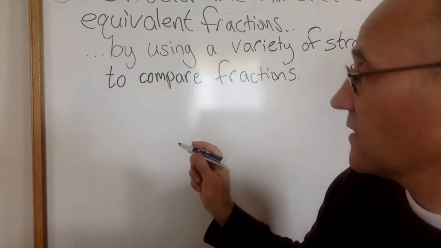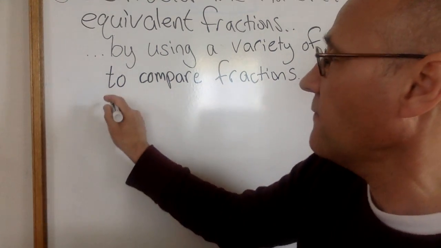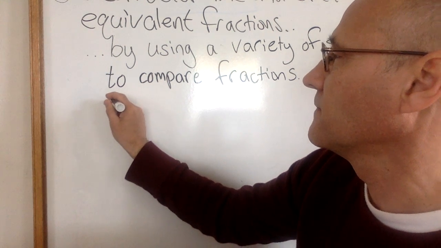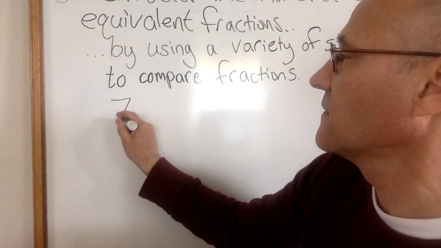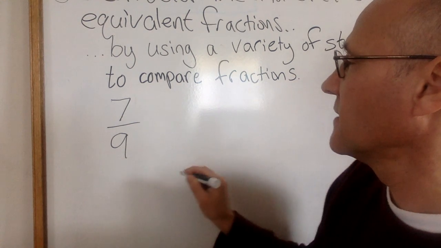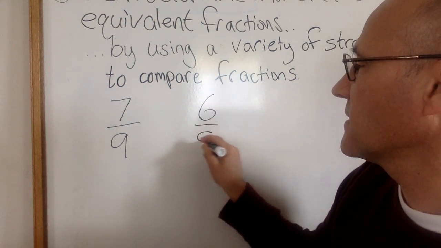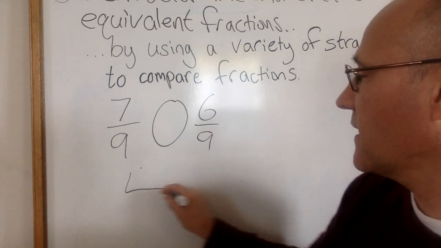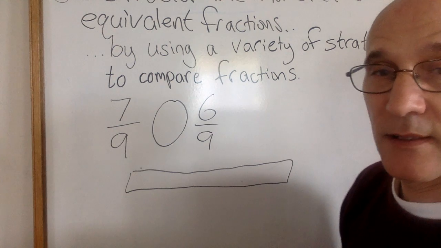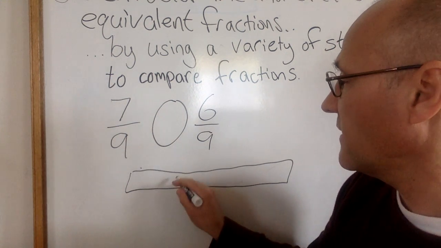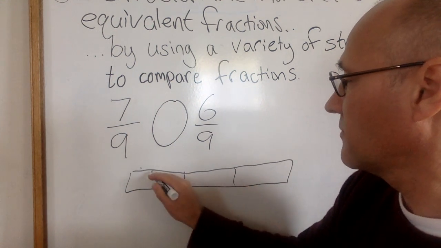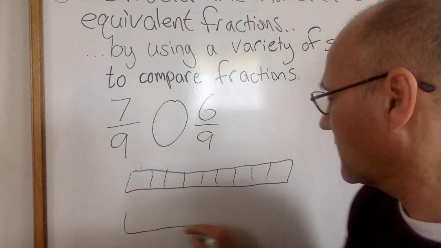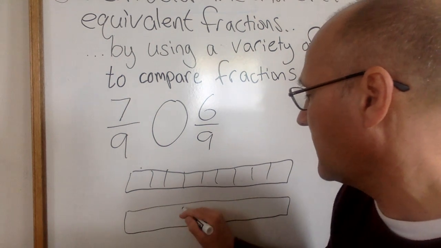All right. So an example, if we have 7/9 compared to 6/9. All right. So we're talking ninths. 7/9. So I'm going to partition my wholes into ninths.